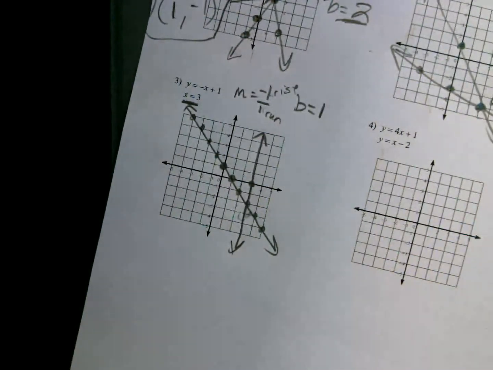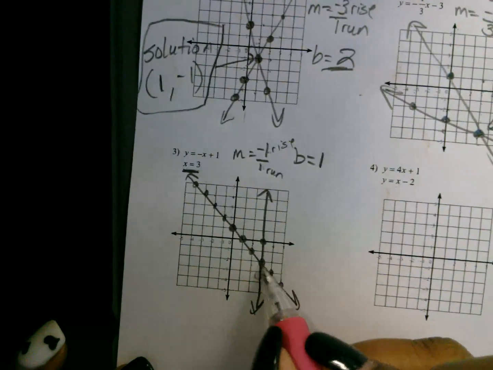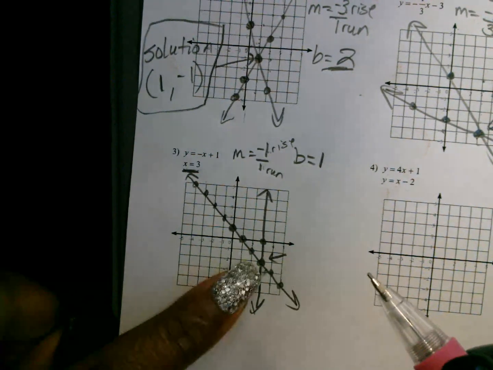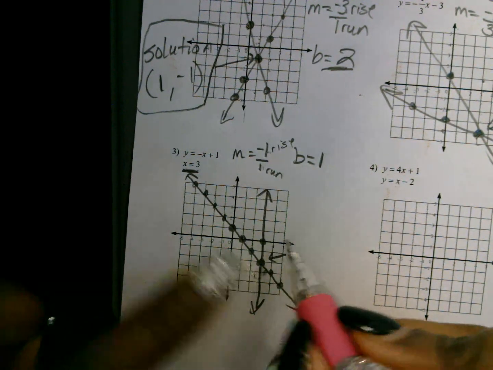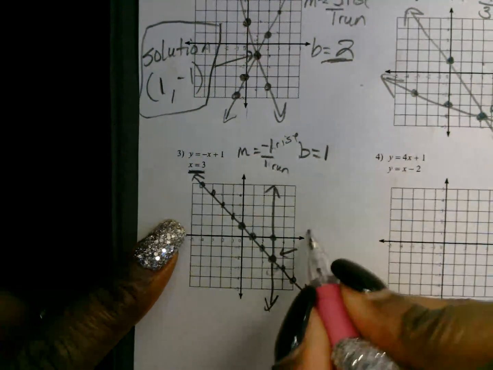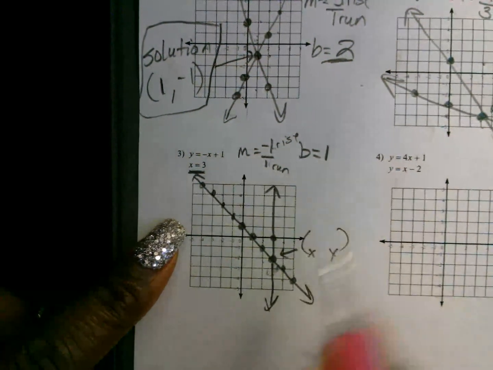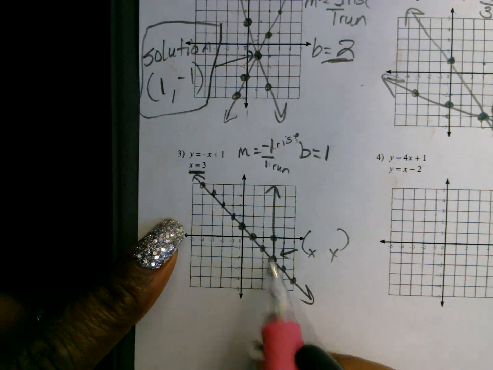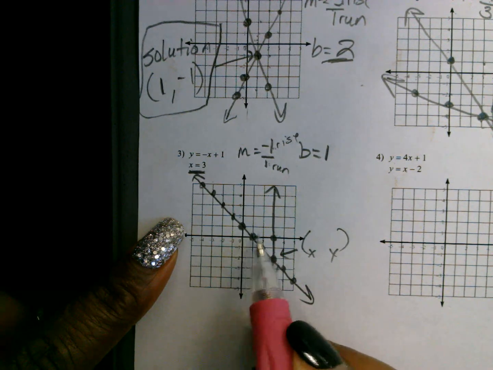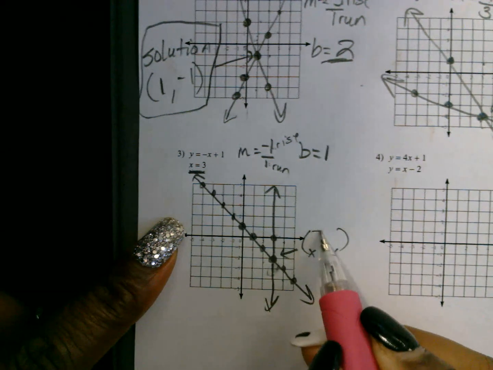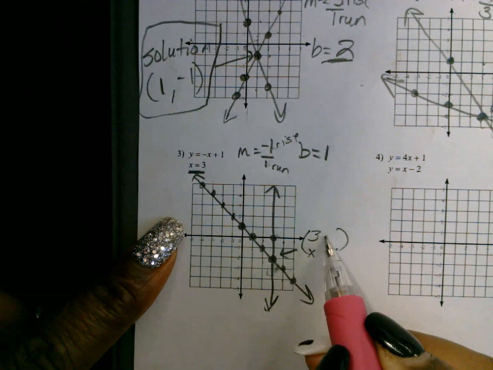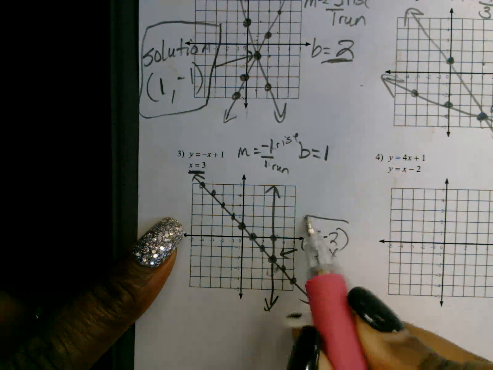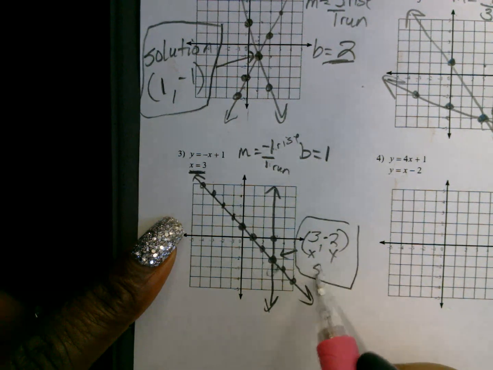The point in which they cross each other is the solution. What solution is this right here? What ordered pair is that? What's X? What's Y? 1, 2, 3. Down 1, 2. So it's 3 and -2. That's the solution.